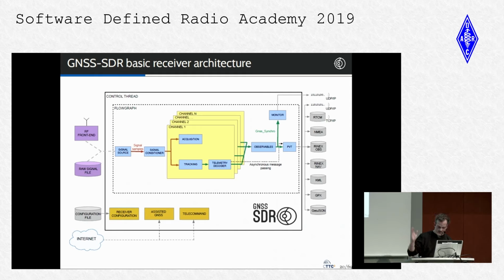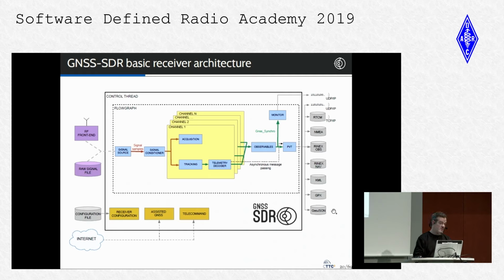Here we have the signal source that can gather samples from a front end or from files, the signal conditioner I was mentioning, then N parallel channels, the formation of observables, computation of the position, velocity, and time solution, and then outputs in many different standard formats.